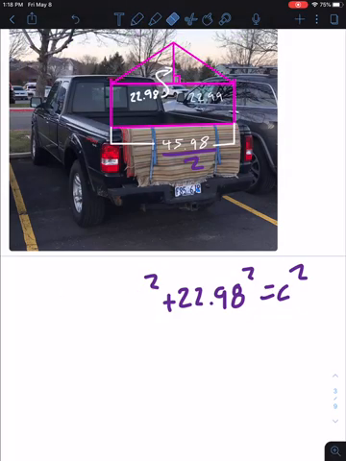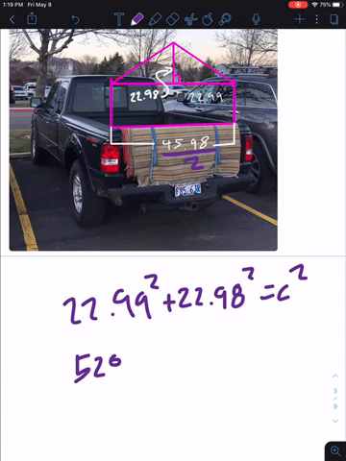All right, so if we do this using Pythagorean's theorem, 22.99 squared is about 528.5, plus 22.98 squared is, let's see, about 528.1, is equal to c squared.